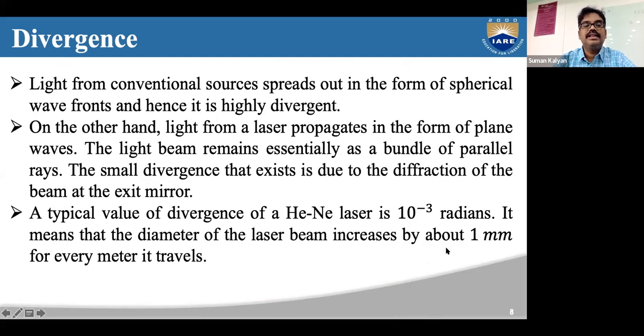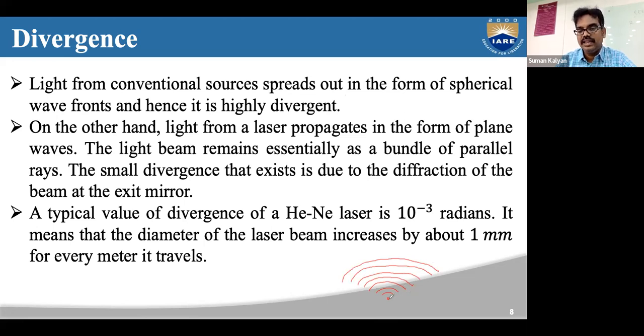The second important property of the laser is the divergence. Light from a conventional source spreads out in the form of a spherical wavefront, and hence it is highly divergent. This is how an ordinary light source travels, in circular wavefronts.